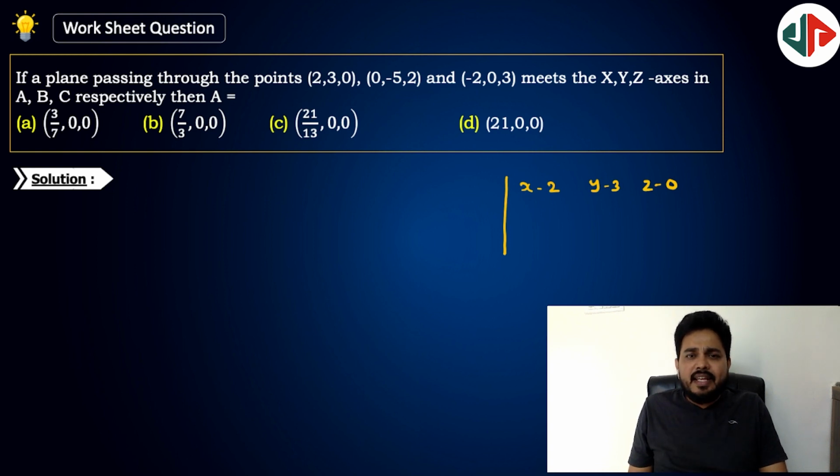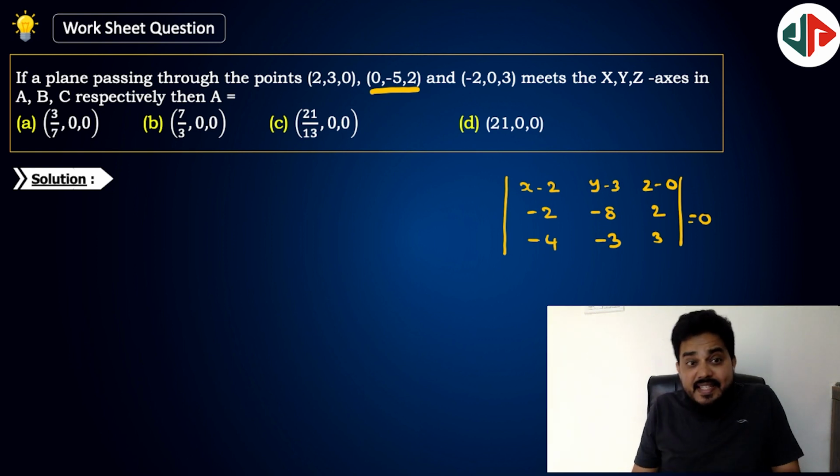In the next line, I need this one: x2 minus x1, 0 minus 2, you will be getting minus 2. Minus 5 minus 3, minus 8. 2 minus 0 is 2. Next one is this one: minus 2 minus 2 is minus 4. 0 minus 3, 3 minus 0, 3 is equal to 0.